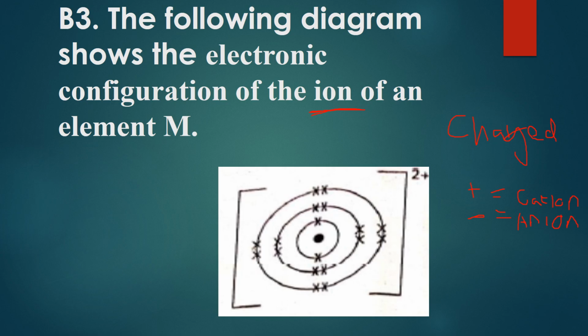Now when you observe this element here, it has a 2 plus. So now we can identify this element. It has 2 electrons in the first shell, 8 in the second shell, 8 in the third shell, and it has lost 2 electrons from its outermost shell.